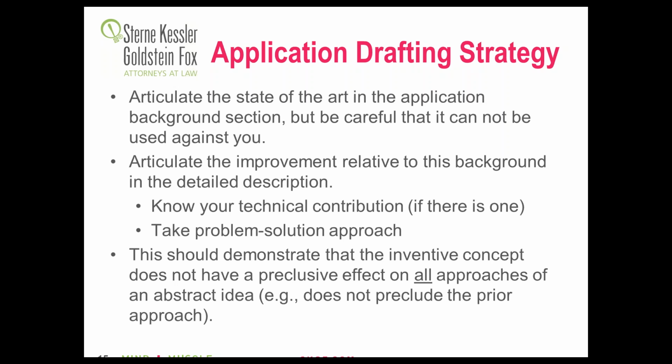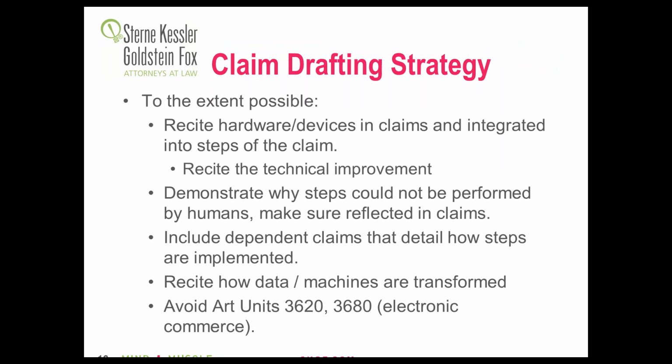If we turn to this next slide here, you can see how that plays out in claim drafting. To the extent possible, we say that because you're not always going to be able to apply all of these approaches, but you're going to have to consider getting something a little bit narrower than you might have in the past just to overcome these 101 issues.